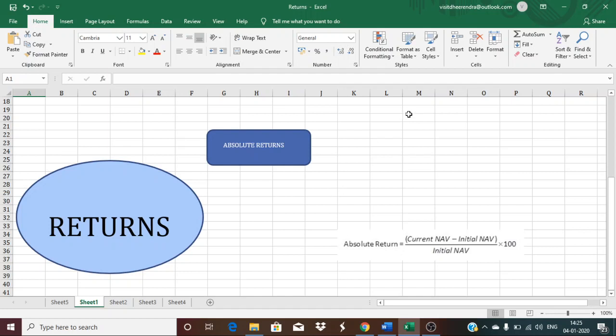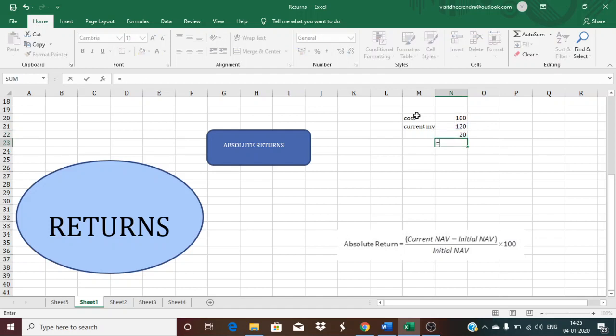So suppose I give you an example. Let's suppose the cost was 100 rupees, and the current market value is, let's say, 120 rupees. If I need to calculate the absolute return, then I will simply take the difference, 120 minus 100, that is 20.